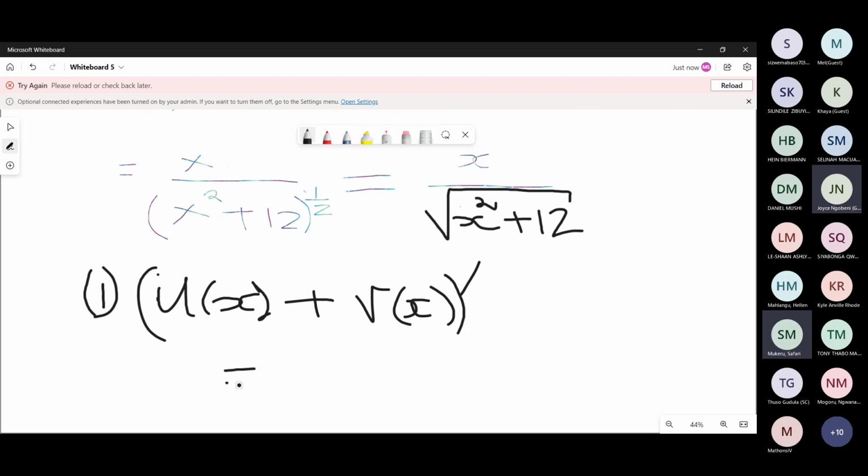As the intuition dictates, if you have two functions, u and v, and you want to compute the derivative of their sum, you simply take u prime of x plus v prime of x. This is easy to prove. So the derivative of a sum is equal to the sum of the derivatives, u prime plus v prime.